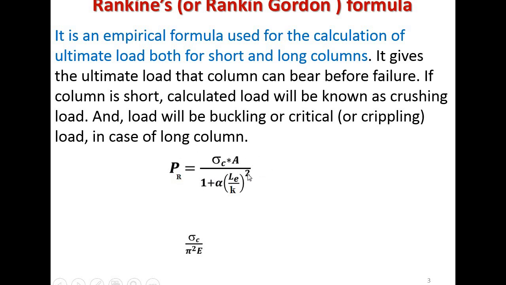here he has used the reciprocal of Rankine load and reciprocal of Euler's load. Finally he derived the formula that is PR equal to sigma C into A, that is proportional limit, or we can say crushing stress, into area of cross section divided by 1 plus alpha, into (LE by K) whole square. This alpha is the Rankine constant.